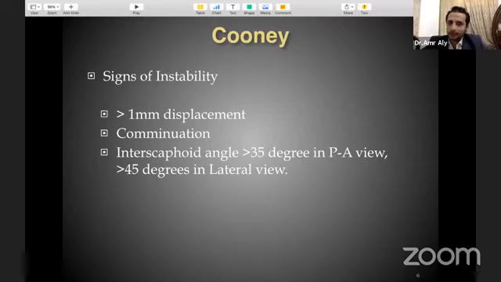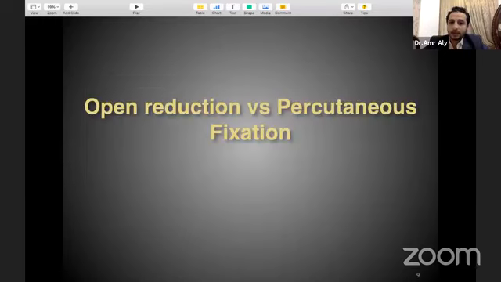But in such X-rays, I thought that there are many signs of instability. I have comminution. I have more than 1 millimeter displacement. For which case I try to decide either open versus percutaneous. And as Professor Nash has stated, it is better to start with percutaneous fixation than an open.